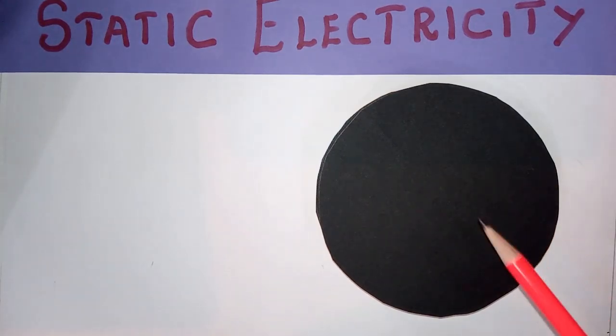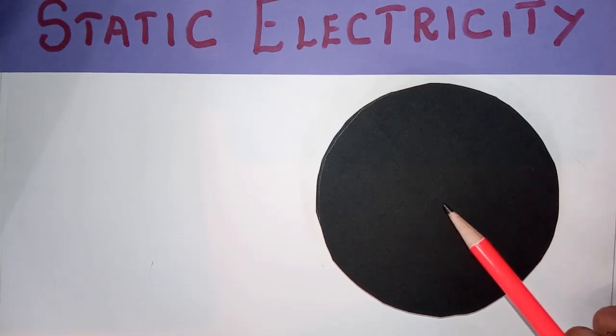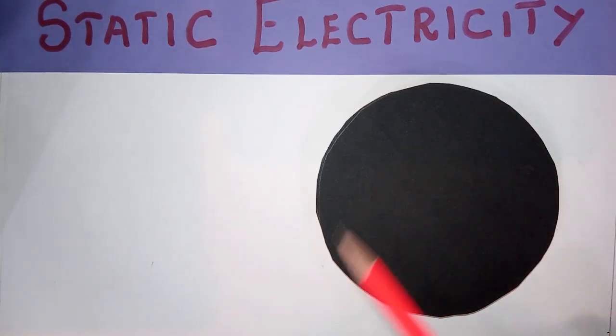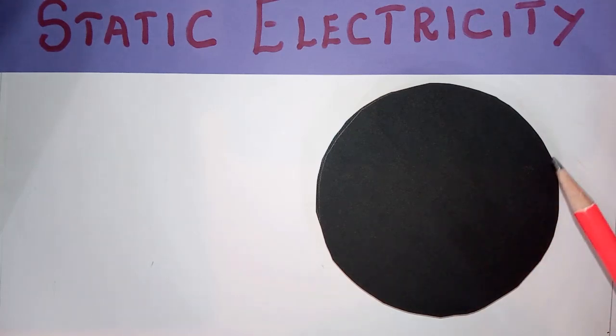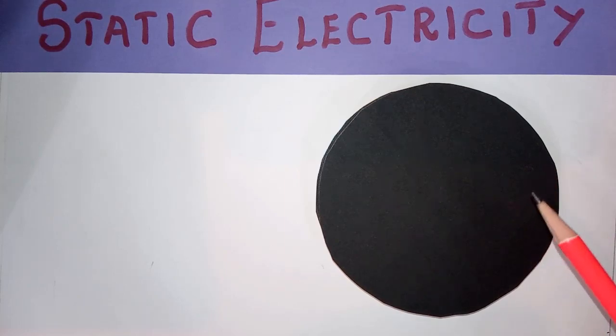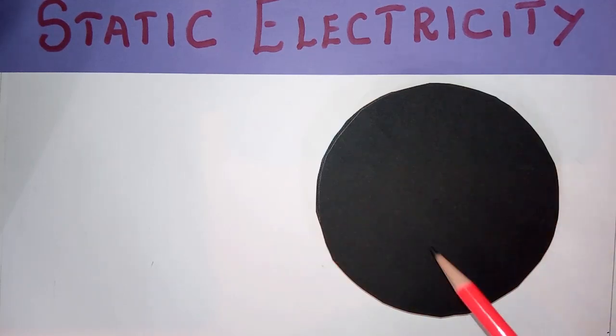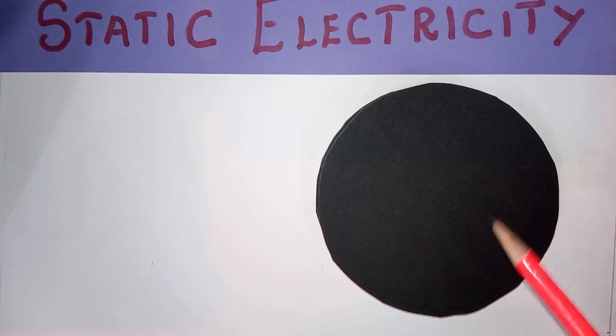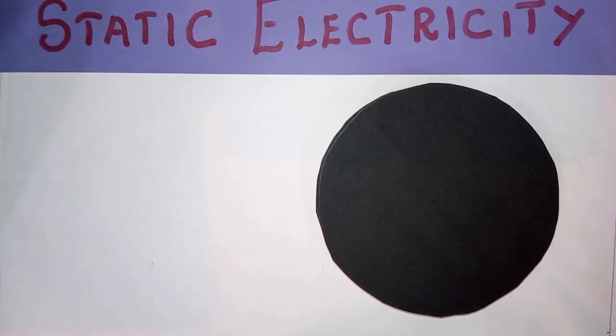Neutral object means the number of plus and the number of minus present in this object is the same, or equally shared, an equal number. Remember, neutral charge doesn't mean no charge. It has charges, suppose 2 plus and 2 minus, but they will be in equal number, so there won't be any net charge.